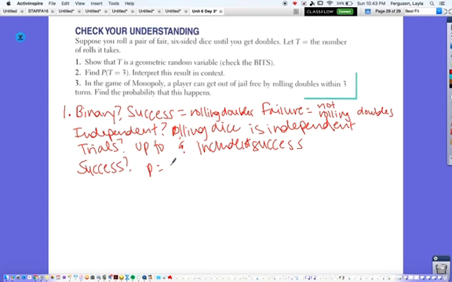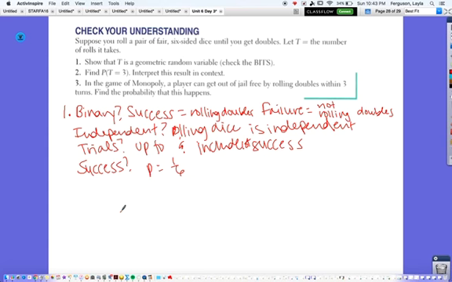The probability of success is going to be 1/6 for each roll, because there are 6 ways to get doubles out of a total of 36 possible rolls. Because we are able to satisfy all of the conditions for BITS, we say that this is a geometric setting. Since T is measuring the number of trials to get the success, it is a geometric random variable with p equal to 1/6.